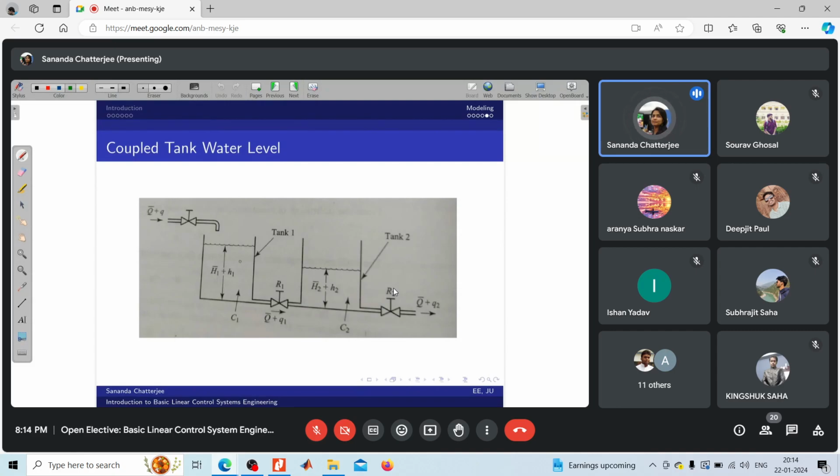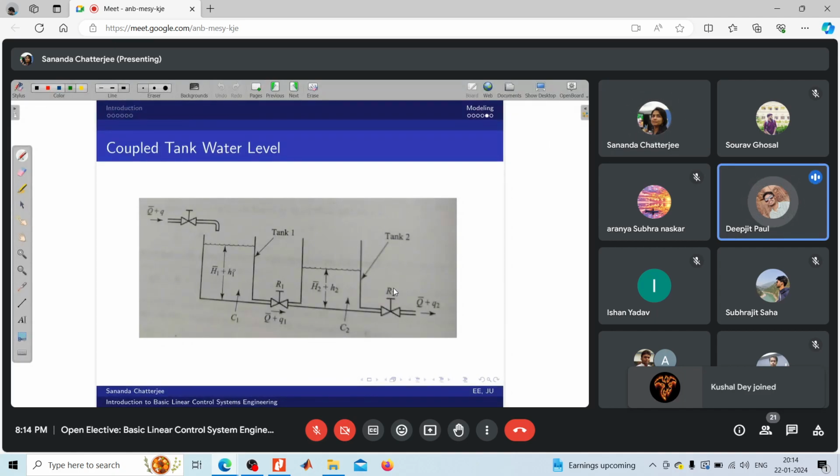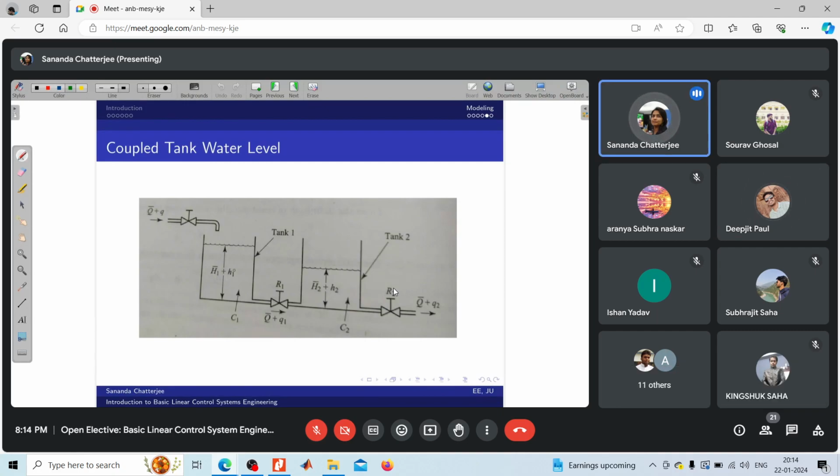Can you tell me how many energy storing elements are there in this system? Two energy storing elements. And what are the variables that will indicate the status of the energy storing elements? C1 and C2? No, C1 and C2 are the cross-sectional areas of the tanks.